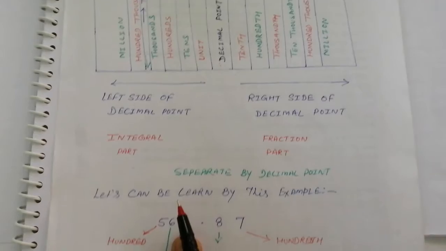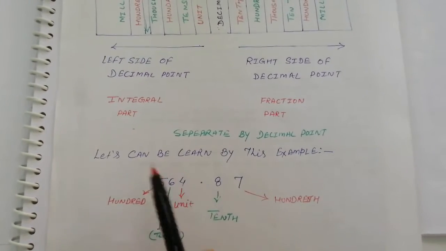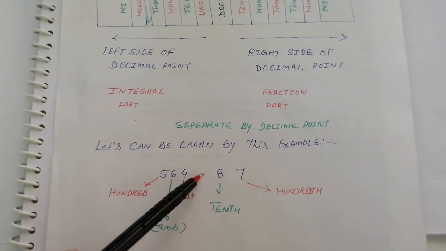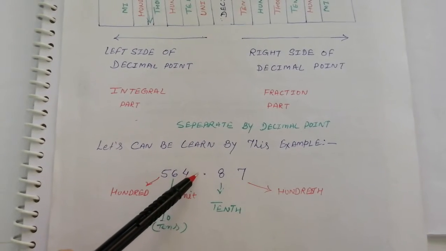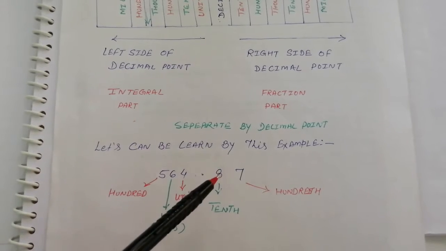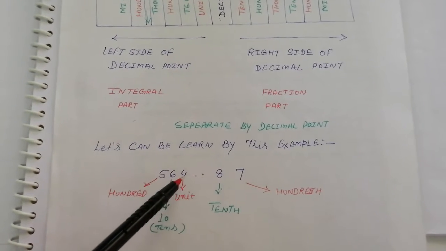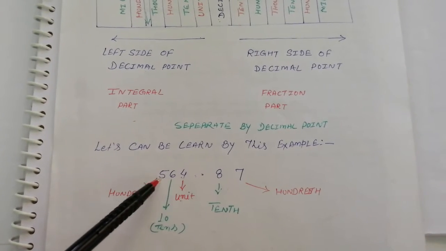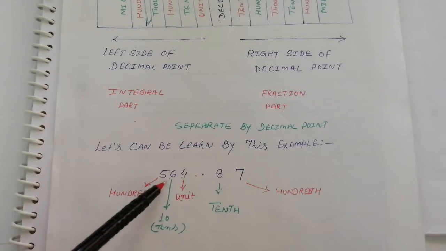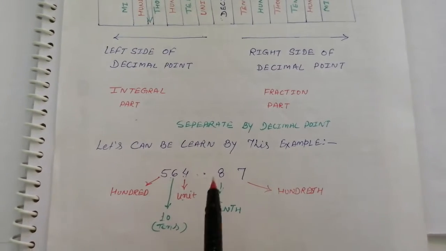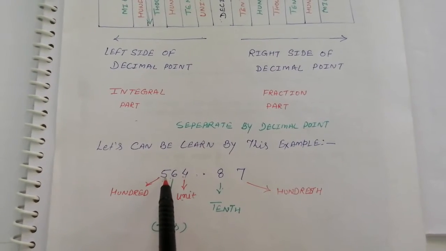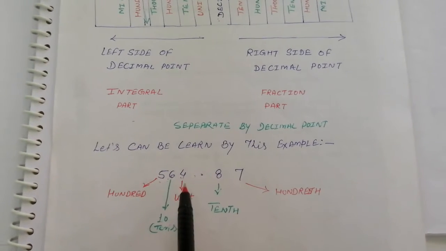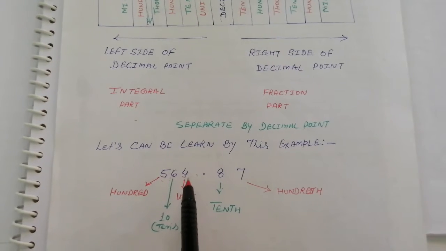We know the theory, and now we have to do the practical. Let's learn by this example. It can be seen practically. The decimal point separates left and right. On the left side, first is units, second is tens place 6, and 5 is in the hundreds place, with a place value of 500, 6 is 60 in tens, and the unit value follows.